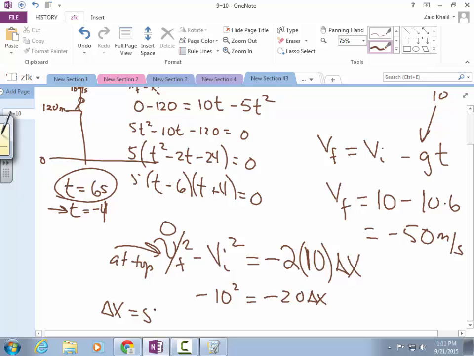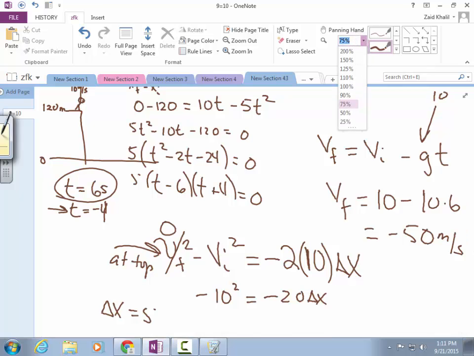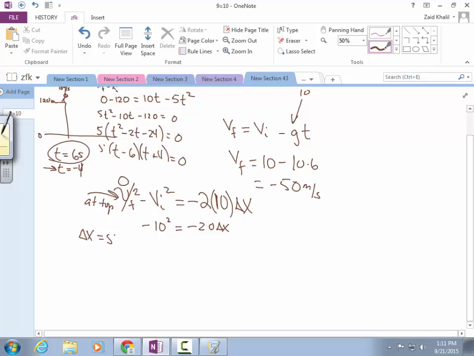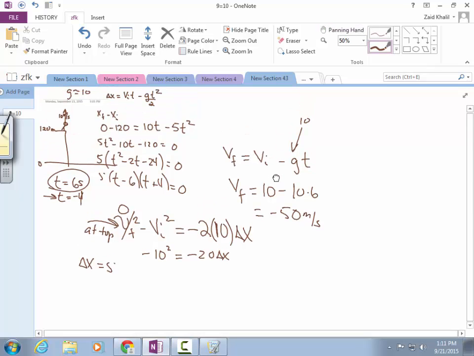Let me draw this. And of course, I'm going to draw this by zooming in to 50. You guys don't mind if I zoom in, do you? Won't change much because I'm kind of constrained here. But basically, this goes up to position of 125 relative to the ground at 0, right?